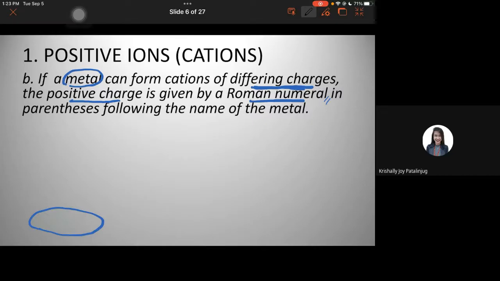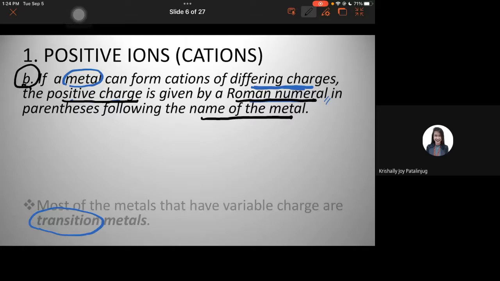So going back to this statement, it says that for those metals that can form varying charges, how do we name them? Look at their name. Observe their name. Following the name of the metal would be the charge, which is represented by a Roman numeral enclosed in a parenthesis.